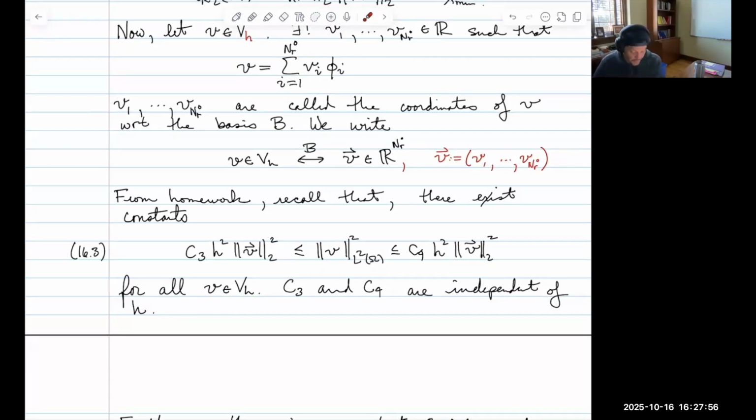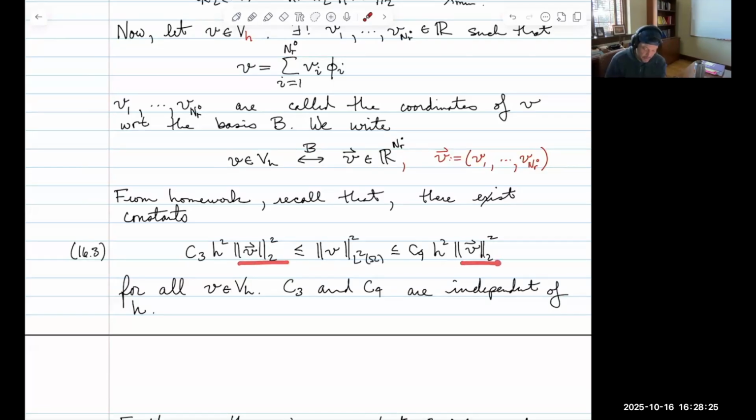I can break that into an integral over separate triangles. I can show that this L2 norm squared is less than a constant times h squared times the Euclidean norm squared of its coordinate vector. And I can find a similar lower bound, C3 h squared times the Euclidean norm of the coordinate vector squared.